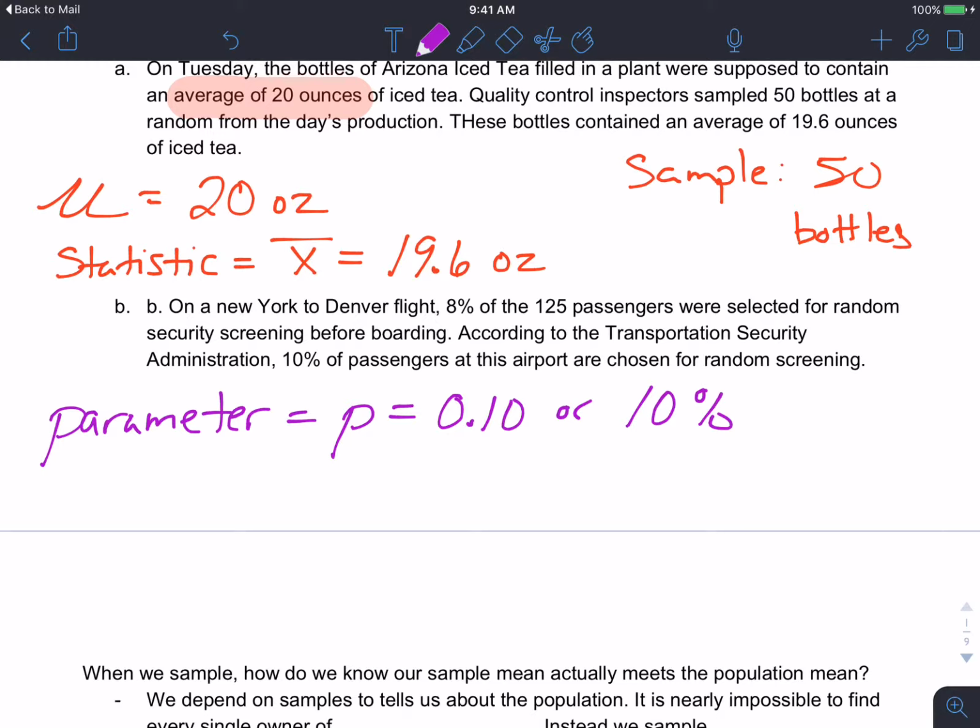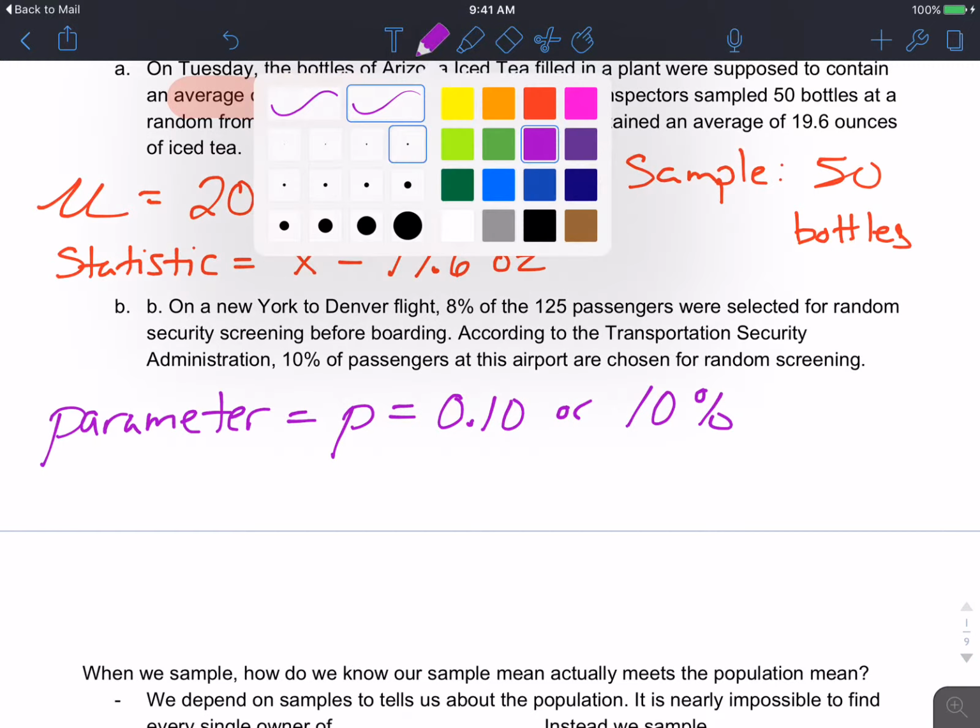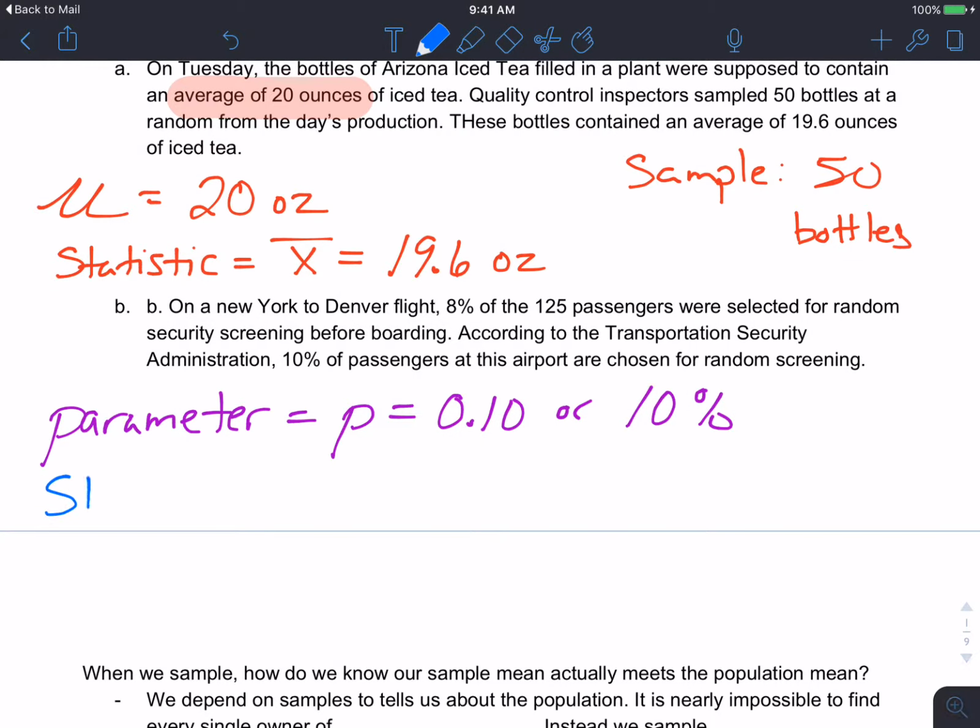And the statistic for this flight will then be p hat, and we only had 8% of passengers get selected.